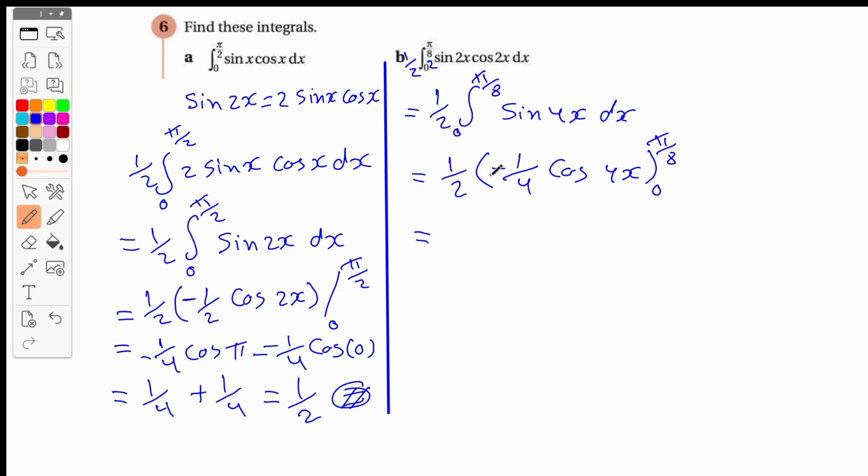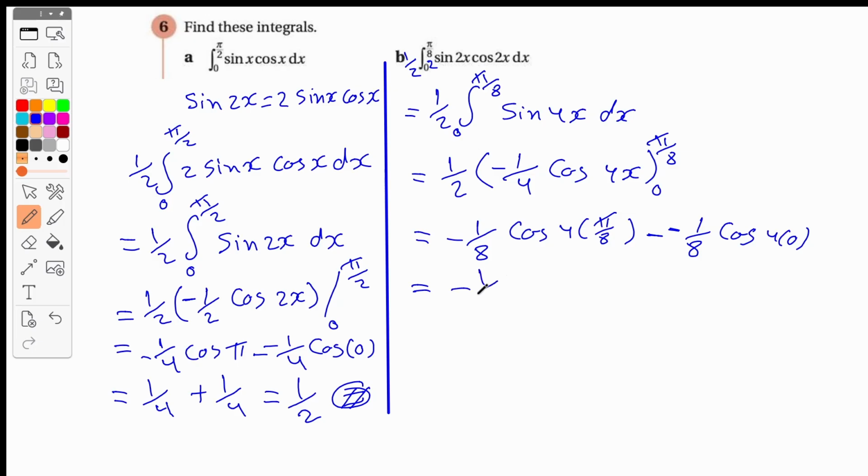Just multiply half times negative quarter. That will be negative 1 over 8. Cosine 4x. X here, you should plug in pi over 8, which means 4 times pi over 8. Minus, again, negative 1 over 8 cosine 4 times 0, because x here is 0.